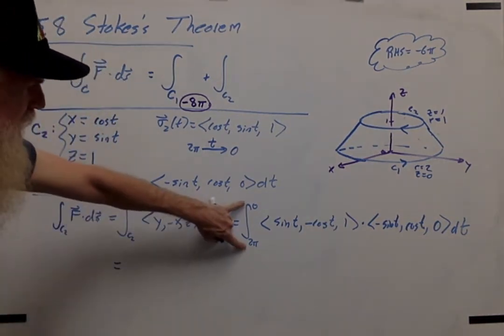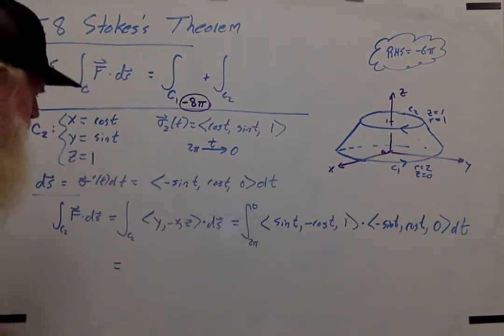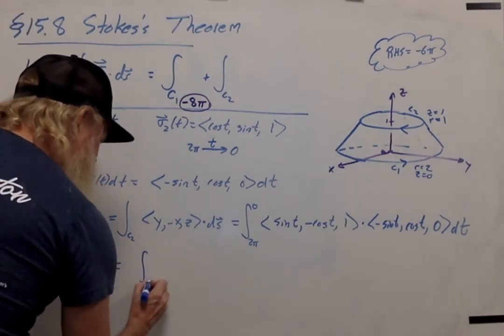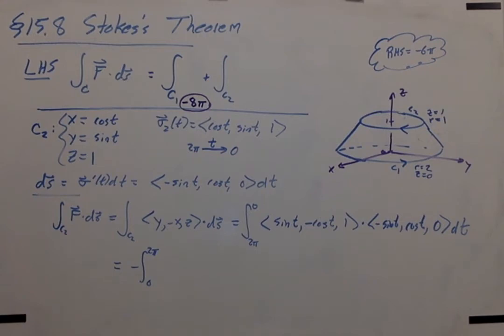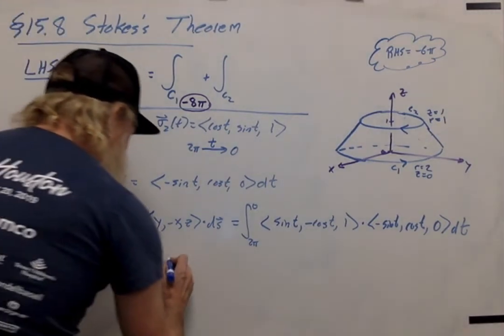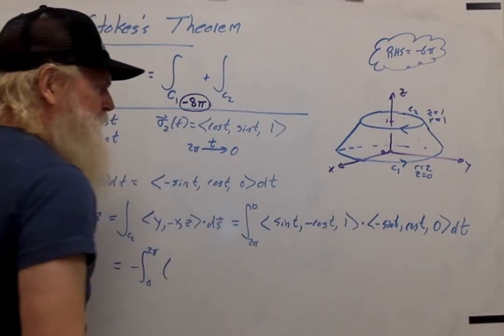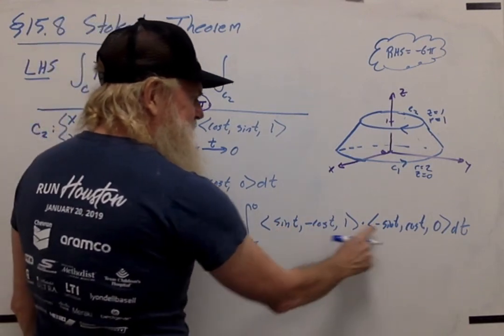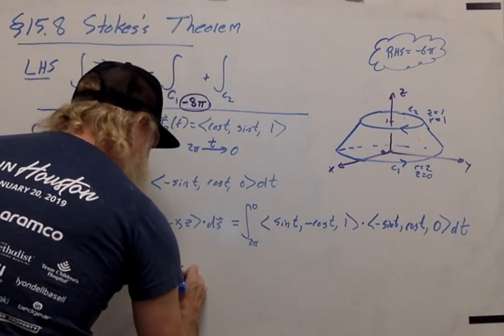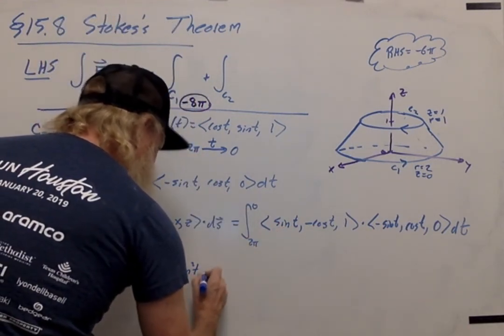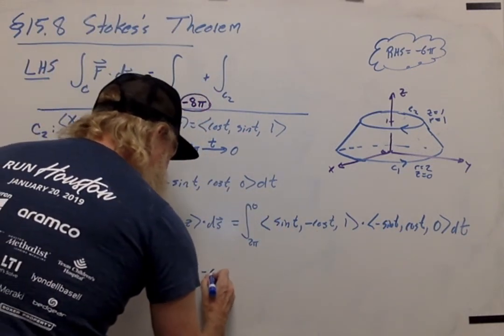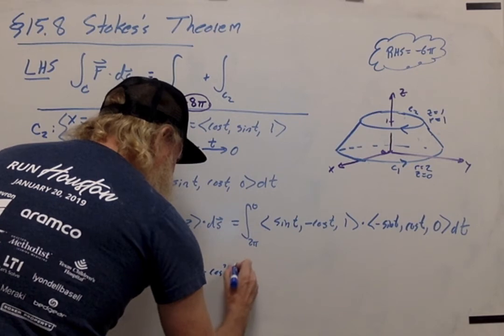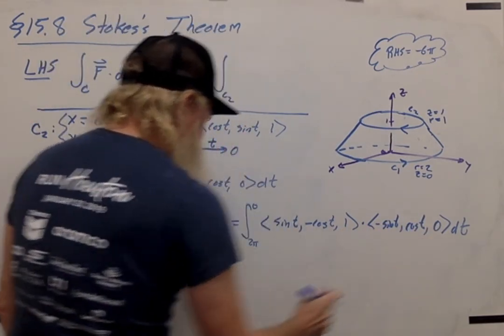Now it feels weird to be integrating from 2 pi to 0, so let me swap that and make it from 0 to 2 pi. But I'll put a minus sign in front. And let's dot together the two vectors. Sine t times negative sine t is negative sine squared t. Minus cosine t times cosine t is minus cosine squared t. And 1 times 0 is 0.